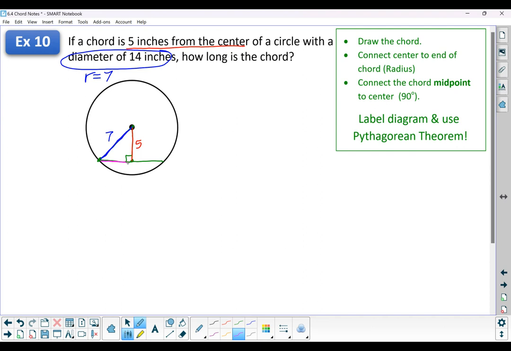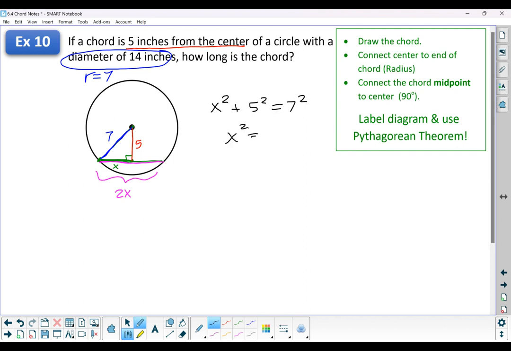So we really are looking for this whole distance. Well, I'm going to call the part that's the leg of the right triangle x. And then the pink would be double that. And that's our ultimate question, what is the 2x? All right, so for our right triangle, using the Pythagorean theorem, x squared plus 5 squared is equal to 7 squared.